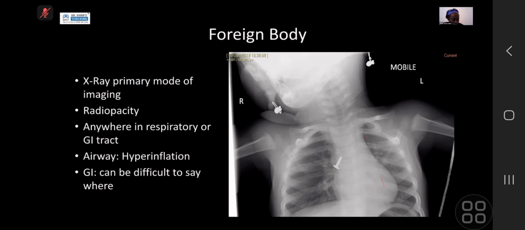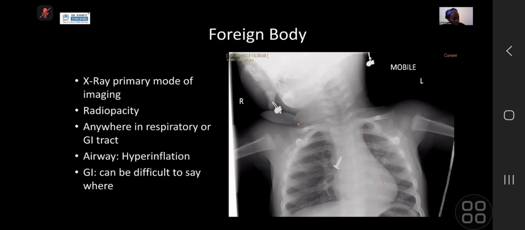So doing the lateral confirms whether you have multiple or a single magnet. And then because magnets like to attract each other, they try and join through the bowel wall, and they can lead to perforations. So it's important that you identify if there's more than one magnet, because it changes how they manage the patient.